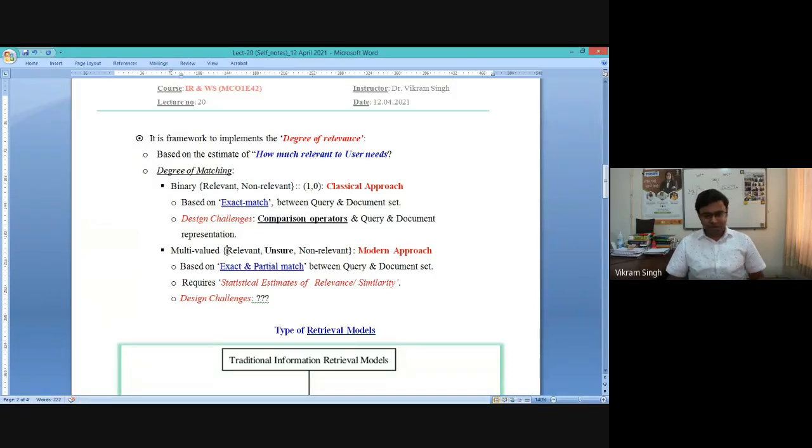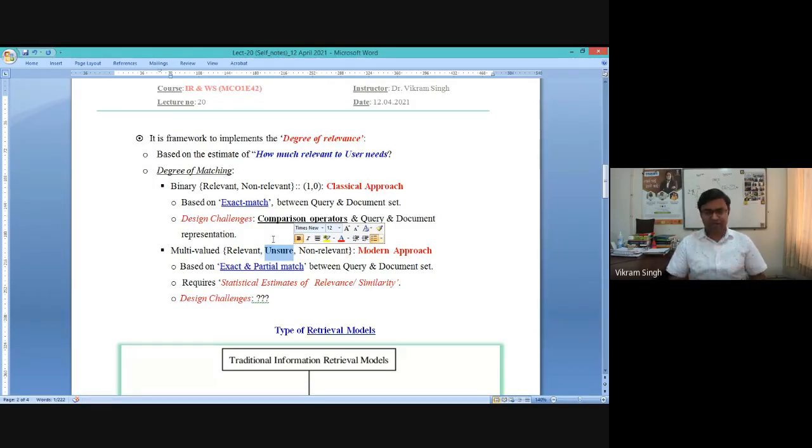So theoretically, you can say the matching has now been defined into three levels. For some data, it is okay, it is matching. For some, it is not matching. But for some data documents or objects, the user is not sure whether they are matching or not. So the advanced or second generation of retrieval models captures this third possible aspect of matching, or third aspect of relevance, as unsure, uncertain, unaware, something like that.